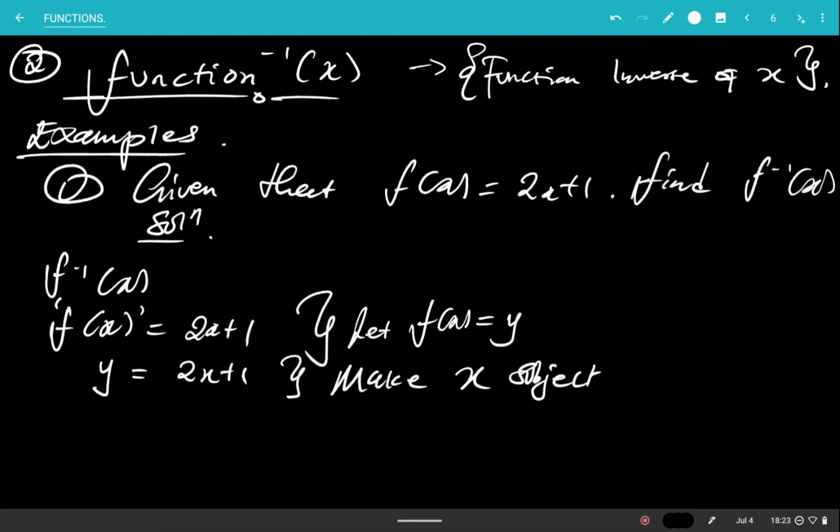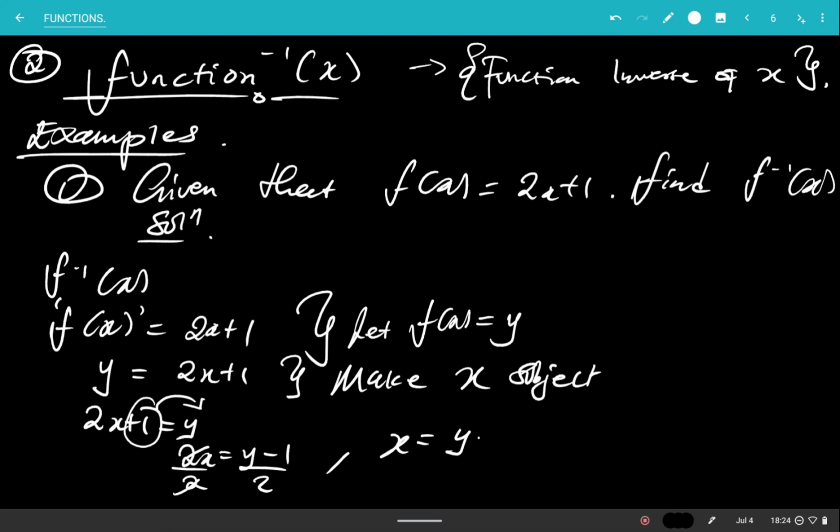Now, making x the subject simply means isolating x. So now this can also be written as 2x plus 1 being equal to y. You make x the subject, the plus 1 goes to the other side, and you have 2x being equal to y minus 1. Divide both sides by 2, and you'll have x being equal to y minus 1 over 2.